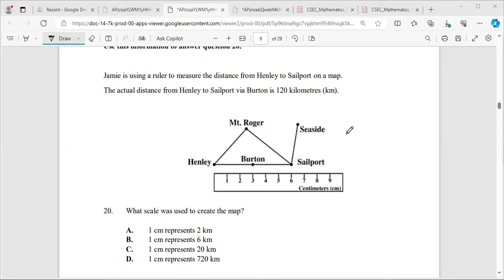Okay. So first I look at this airport, which is actually 120 kilometers. But we're actually looking at centimeters. And from Henley to this airport is actually 6 centimeters.